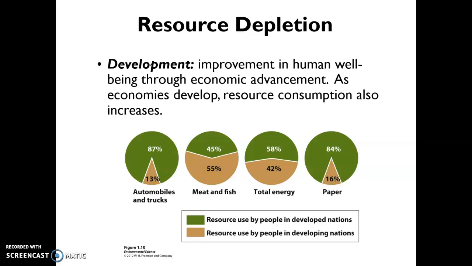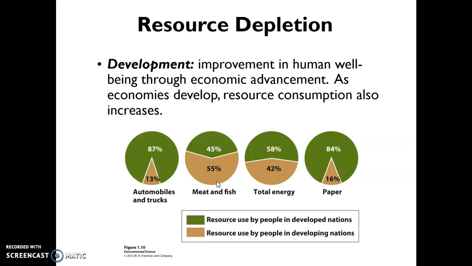Now, if we look at these two categories of development, we see that developed nations, you might have guessed anyway, deplete resources disproportionately to developing nations. So an example here is automobiles and trucks. In the green, developed nations such as the United States and the European Union have almost 90% of automobiles and trucks, whereas only 13% of this resource is used by people in developing nations.